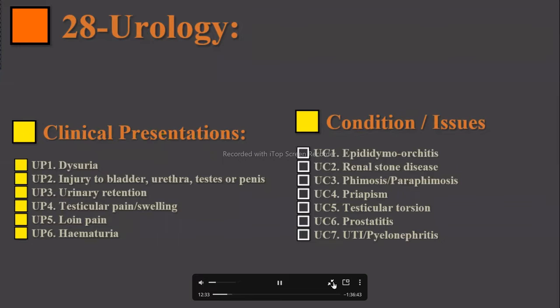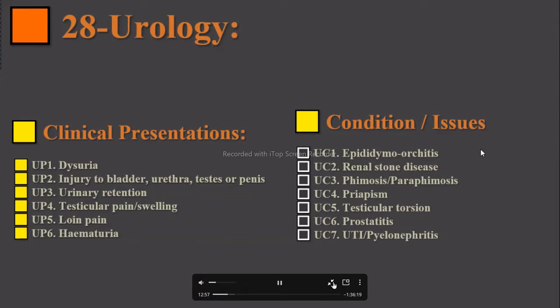Renal stone. It can also be UTI, it can be many things, but it's a stone until proven otherwise. Epididymo-orchitis, you have to be familiar with the differentiation between testicular torsion and orchitis. Renal stone, we will discuss.